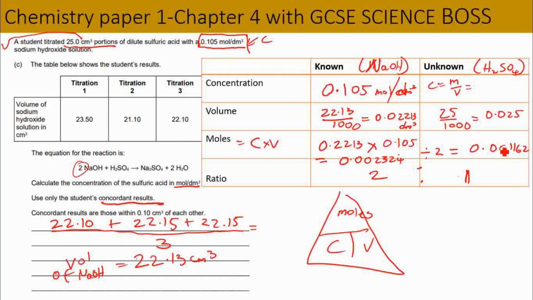So what was my moles? 0.00165 divided by 0.025. That would give me an answer of 0.0465 moles per dm cube. That's what I'm getting as my answer.